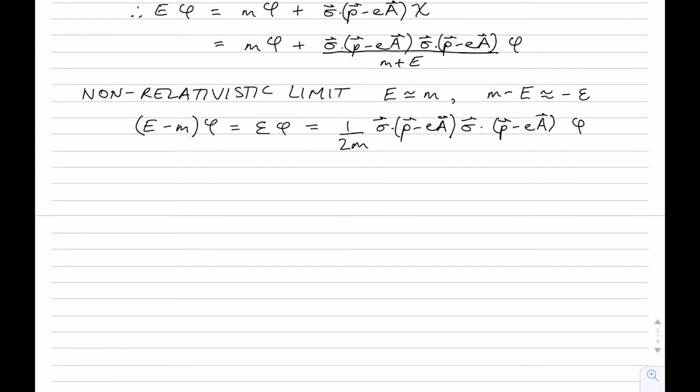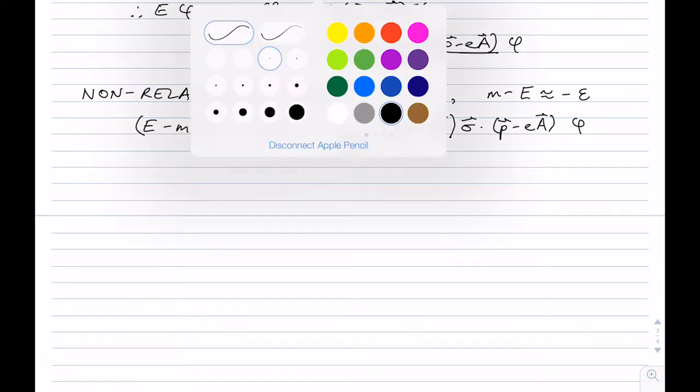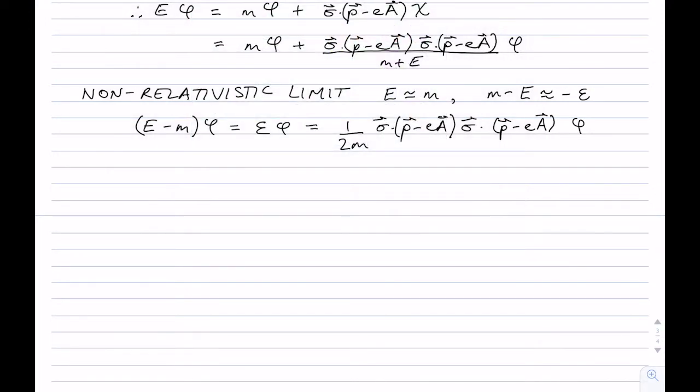Okay, now that we've got this non-relativistic equation, we need to expand out the complicated sigma dot P bit. And we will use the identity, which you all should know, or at least be able to prove.